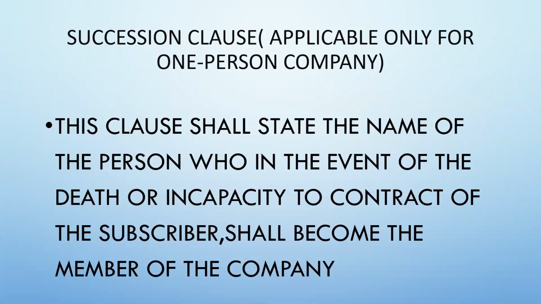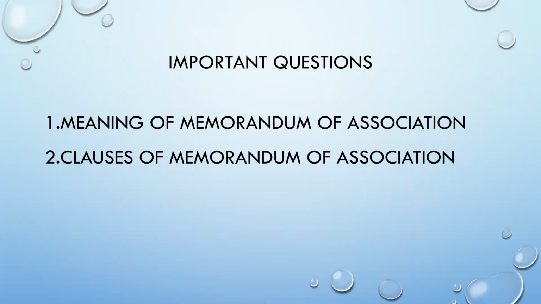This clause shall state the name of the person who, in the event of the death or incapacity to contract of the subscriber, shall become the member or nominee of the company. Such a clause is referred to as succession clause. And let me repeat, it is not compulsory for all types of company. It is only applicable for OPC, that is one person company.